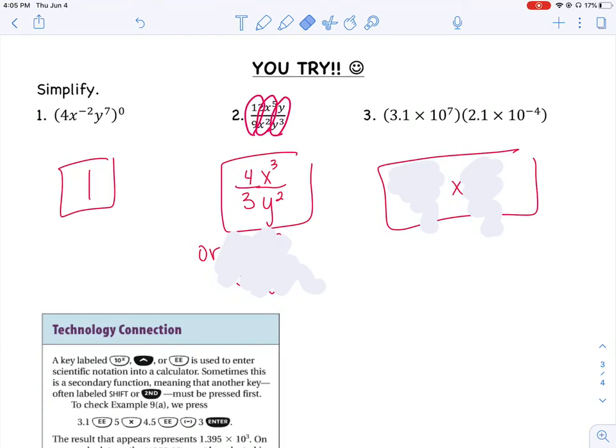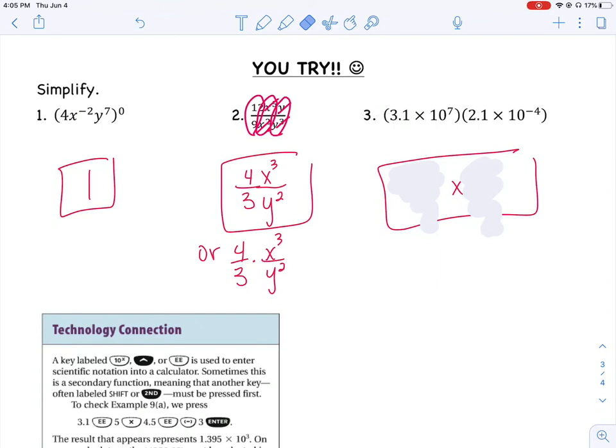I subtracted my exponents when I divided, or I reduced x's from the bottom and x's from the top, y's from the bottom and y's from the top. I ended up getting a 4x cubed on the top and a 3y squared on the bottom. Or you can say 4/3 times x cubed over y squared.